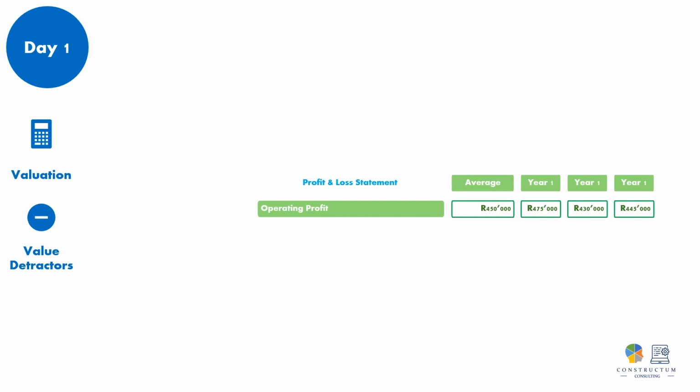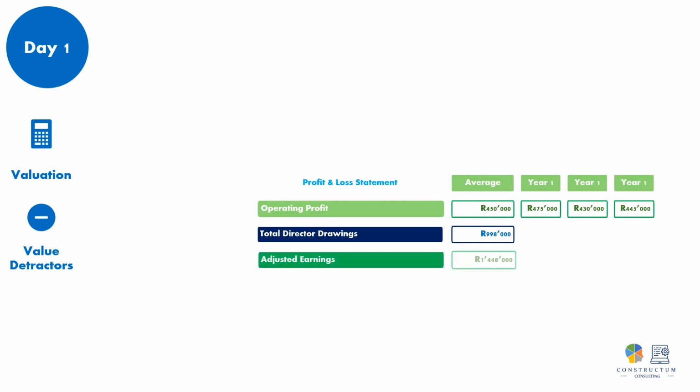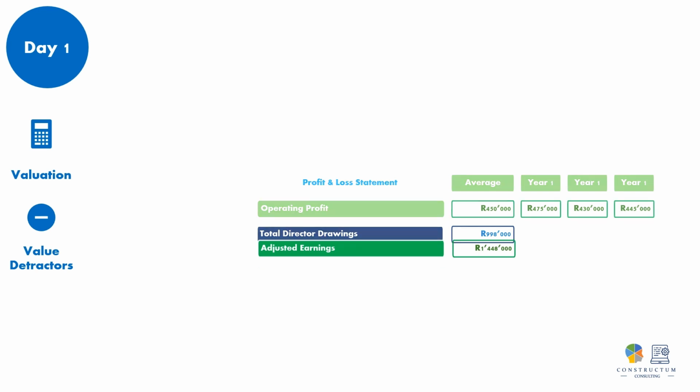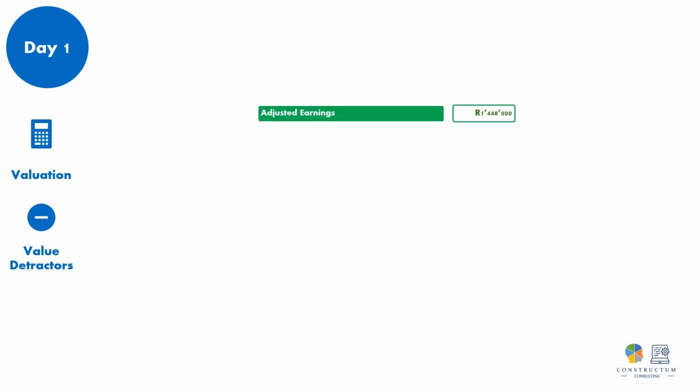We must also adjust the earnings by adding the total director's drawings as calculated earlier to arrive at the adjusted earnings.